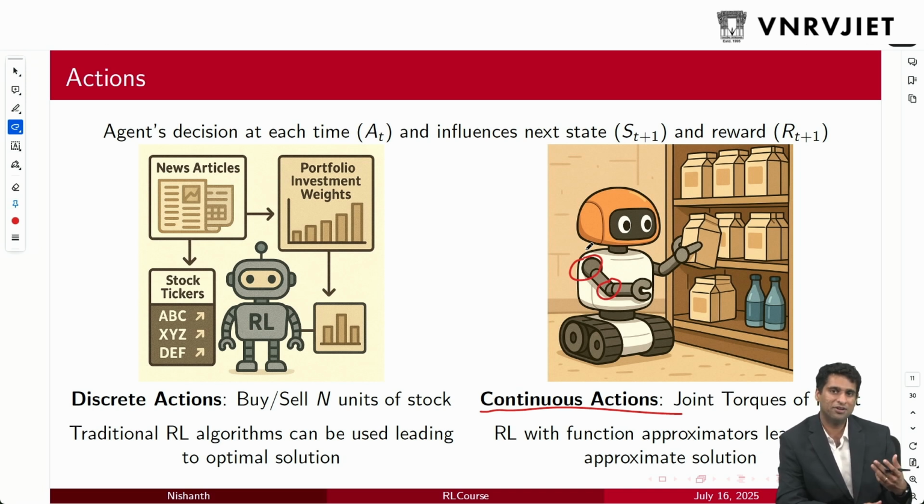Now, wherever continuous actions come in, instead of traditional RL algorithms, we might need to use some form of function approximation. We don't actually solve for every possible action, and we end up deriving an approximate solution for the task.